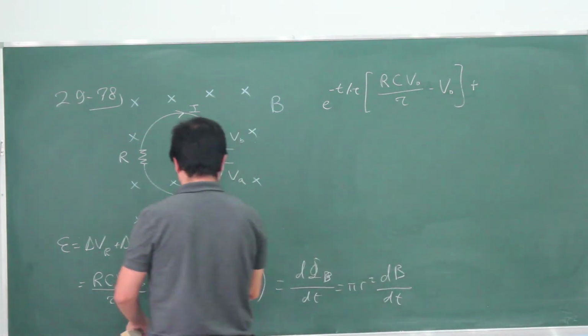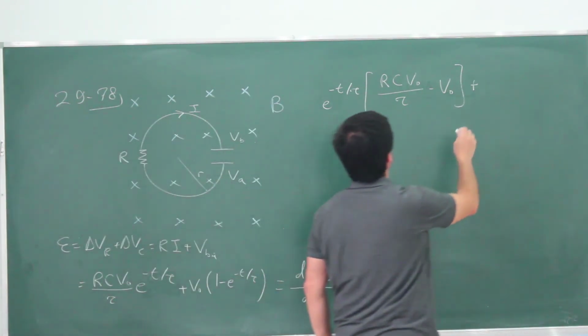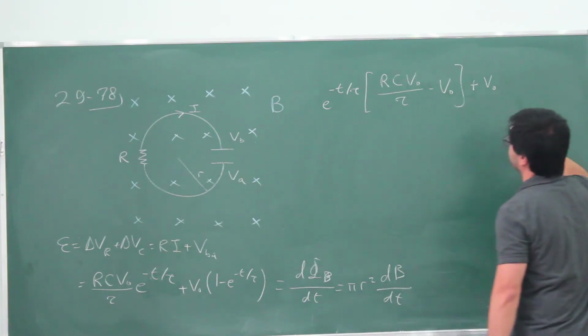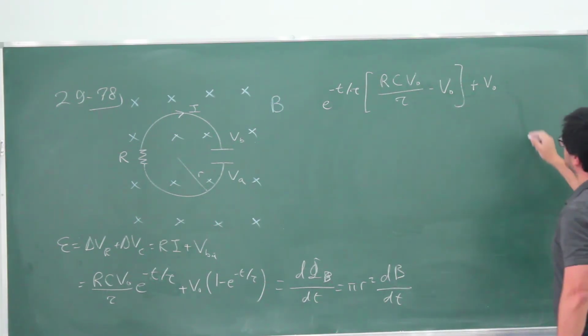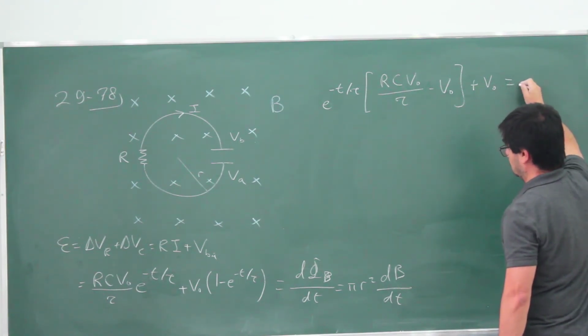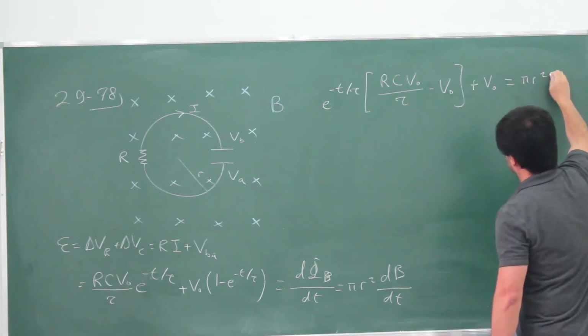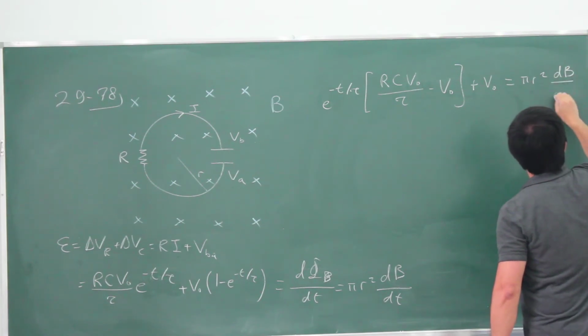Okay, so it is this term plus V0. Okay, so this is the whole thing, and this must be equal to pi r squared dB by dt.